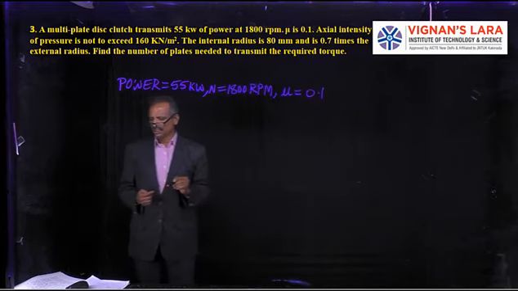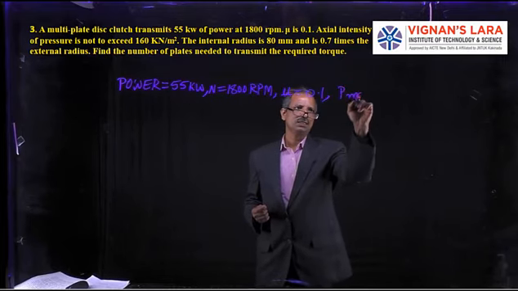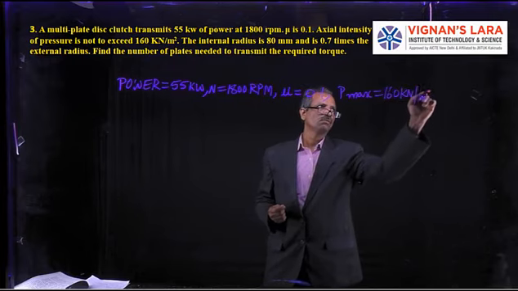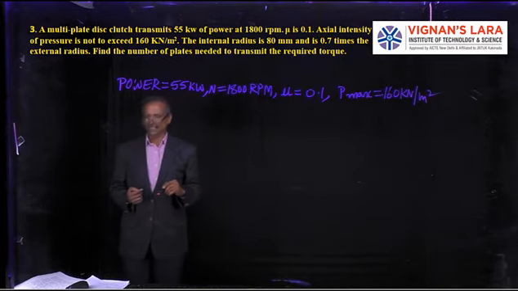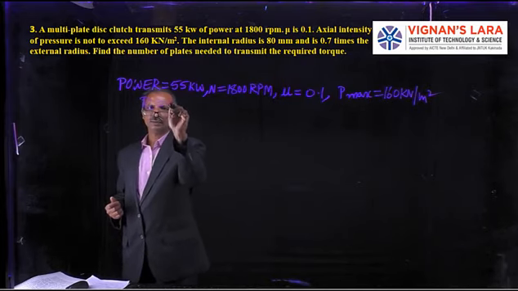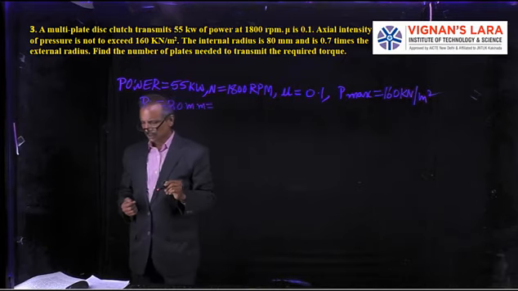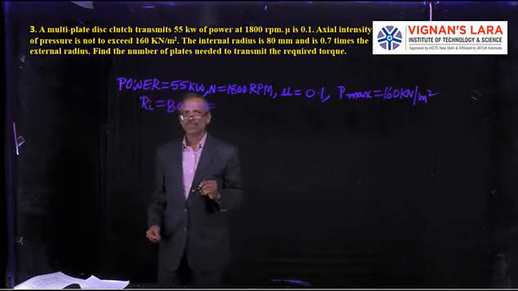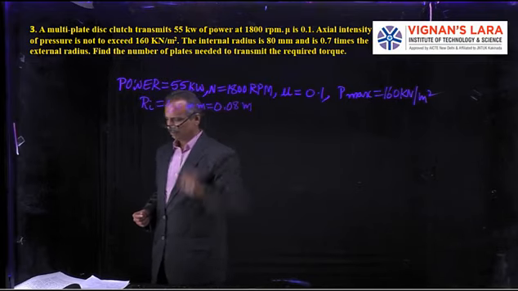The axial intensity of the pressure is not to exceed 160 kilonewton per meter square. So that is P max equal to 160 kilonewton per meter square. And what is the other data given? The internal radius is 80 mm. So Ri is 80 mm, which can be converted into meters, that is 0.08 meters.